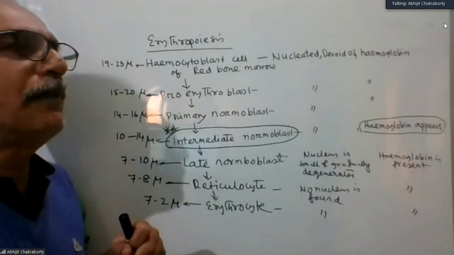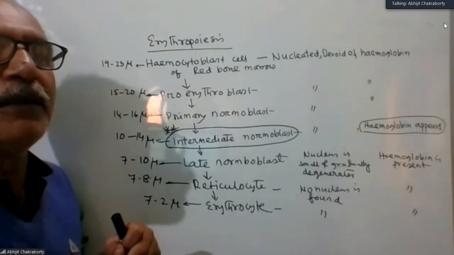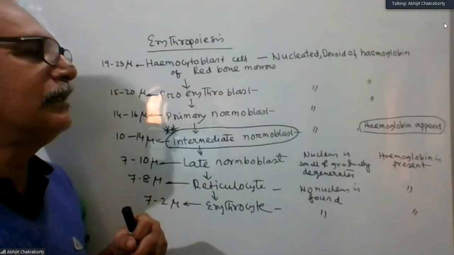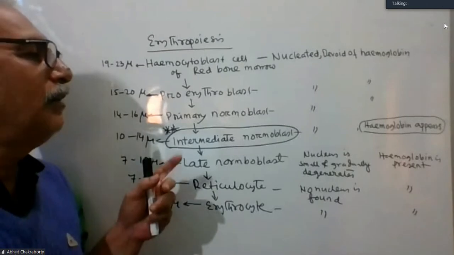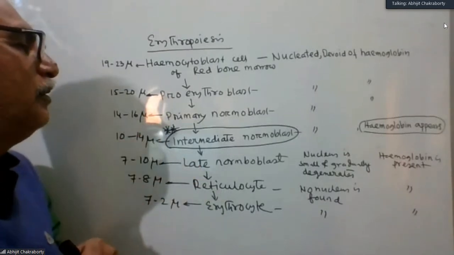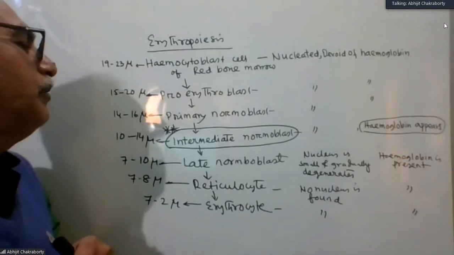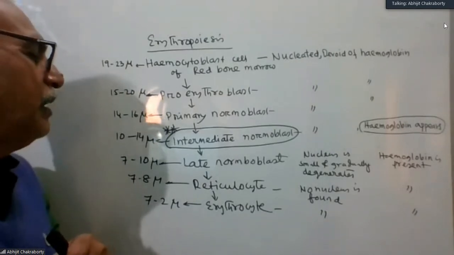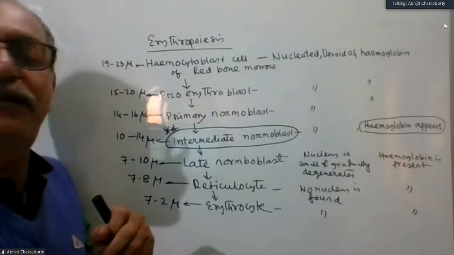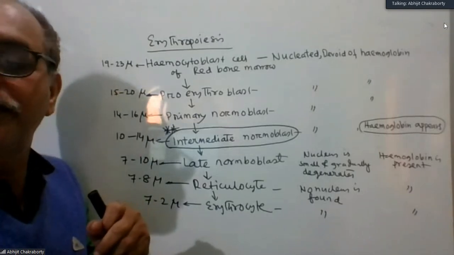This happens due to the deficiency of vitamin B12, and such a type of anemia is called pernicious anemia. Now you have to understand the basic phases: hemocytoblast, proerythroblast, primary normoblast, intermediate normoblast, late normoblast, reticulocyte, and erythrocyte. Is it clear to you?